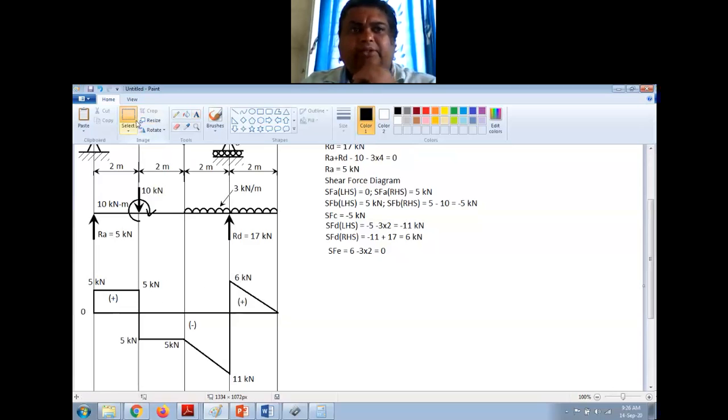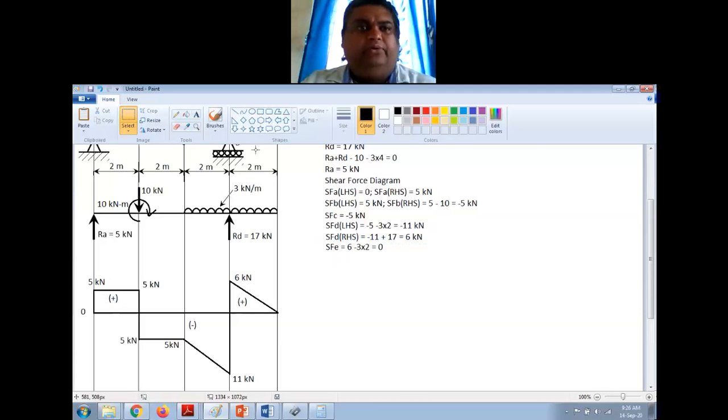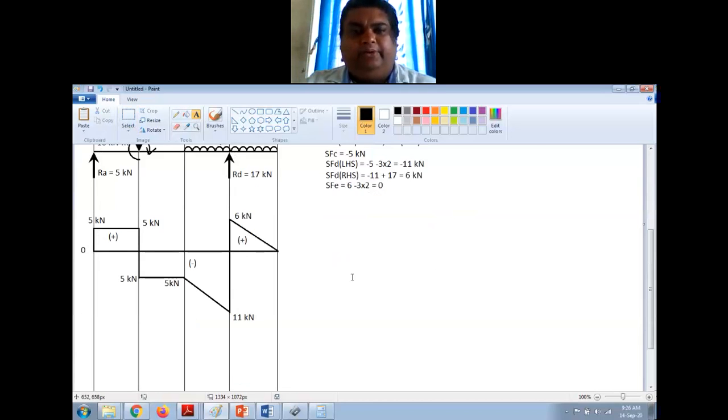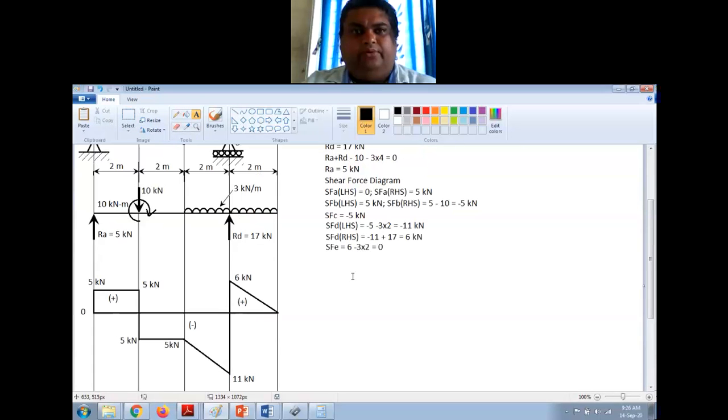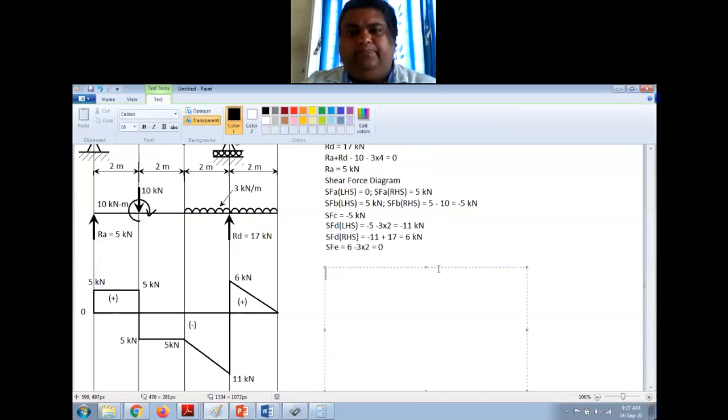Now we will have to draw the bending moment diagram for this. For drawing the bending moment diagram, first let us calculate the moment. Now if you see here, the shear force is not suddenly changing from positive to negative, right? So I have a sharp change.